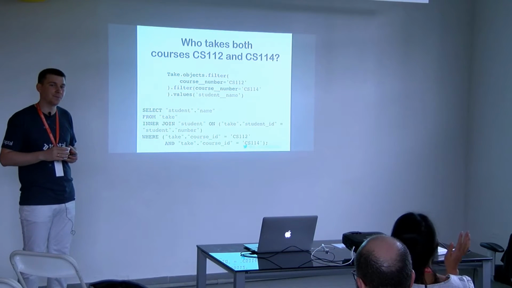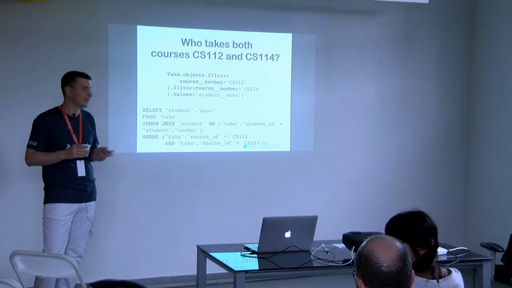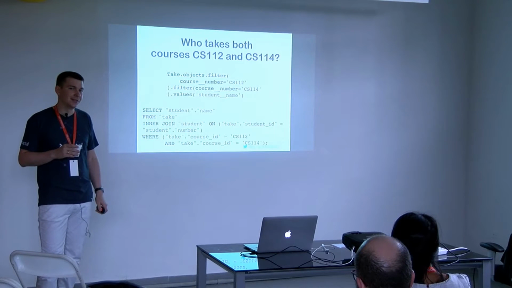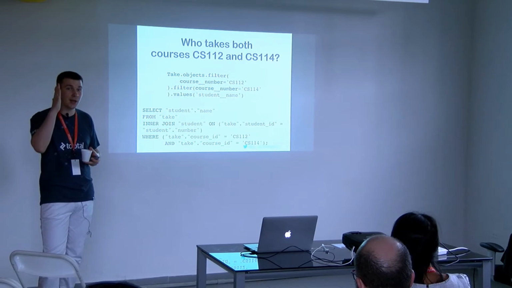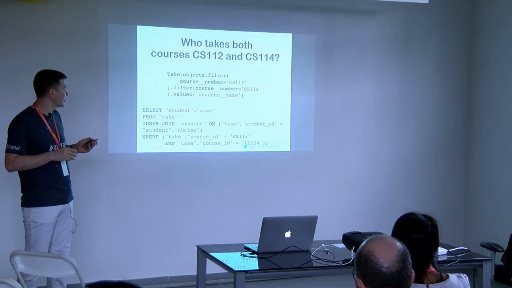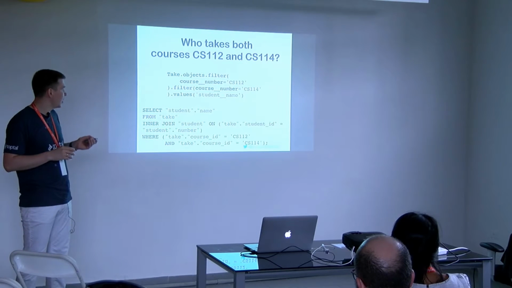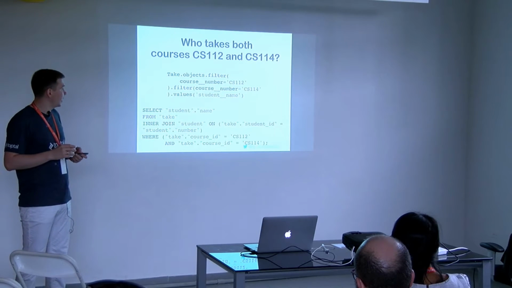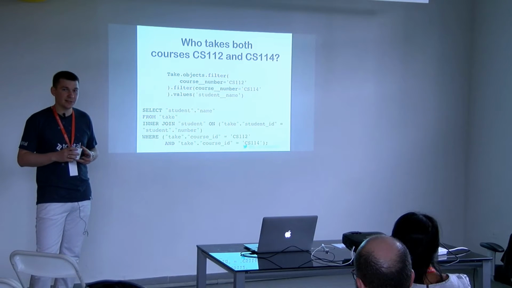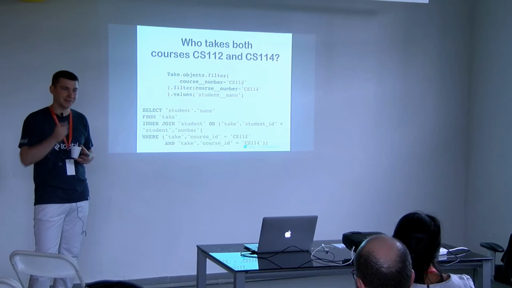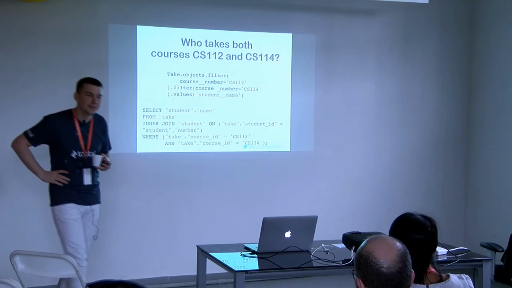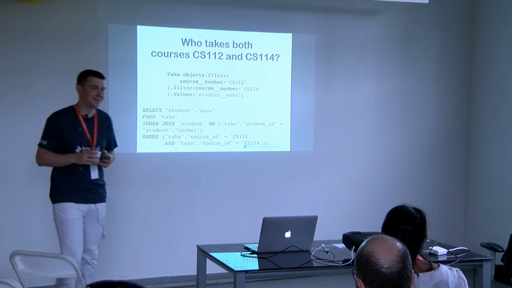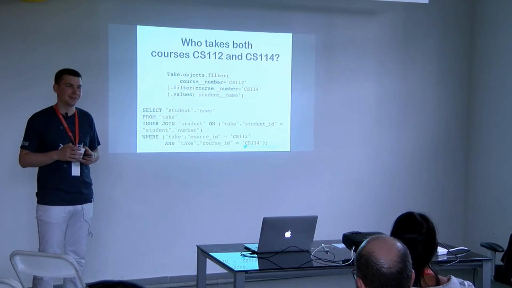Go ahead. You're filtering by CS 1 through, and then you're filtering again by CS 1. Yeah, because you have only one column. And this clause returns an empty result every time. And how can you fix it? Do you have ideas?